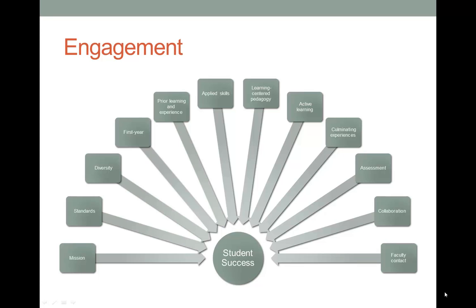And then finally, there's quality contact with faculty out of class. That's the key point. And that's why a lot of smaller liberal arts institutions tend to have higher faculty contact because that is their specific purpose, and that's what they're trying to do.